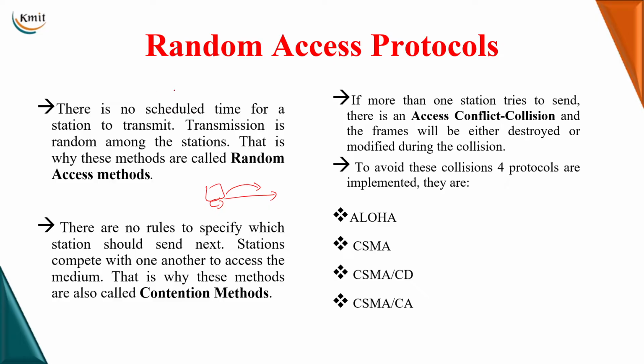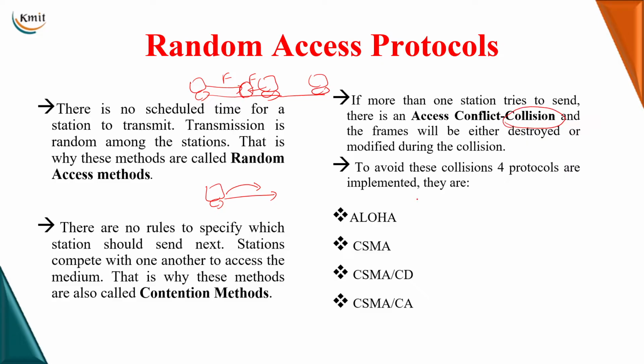Now, if all the stations on a shared media transmit randomly at any time, there is a possibility that the frame coming from this machine and the frame coming from this machine can cause contention. That will lead to access conflict. Who is going to use the shared medium? And that may lead to an access conflict called collision.